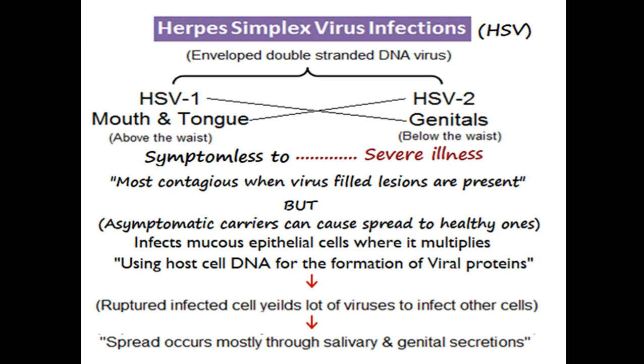But people who are immunocompromised, by that we mean that they suffer from some other serious systemic diseases, or they are nutritionally poor, or by any reason their immune system is weakened, are an easy target for viruses. And the same is true about the herpes virus infection.